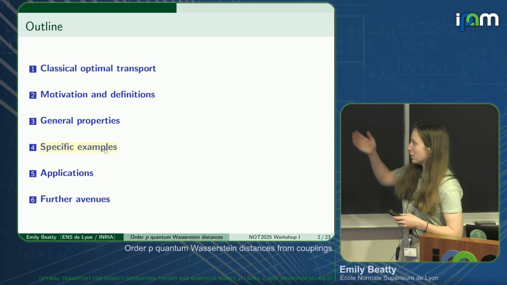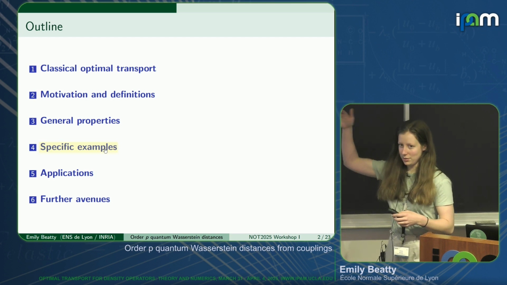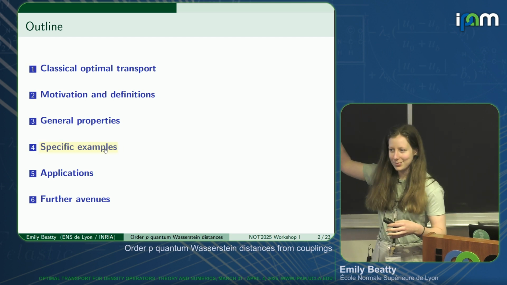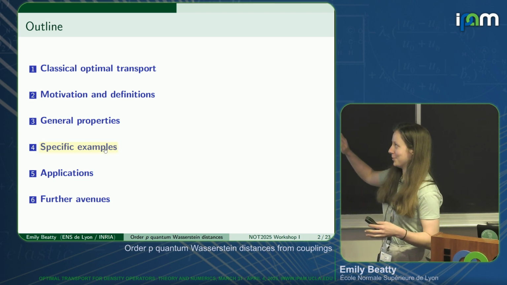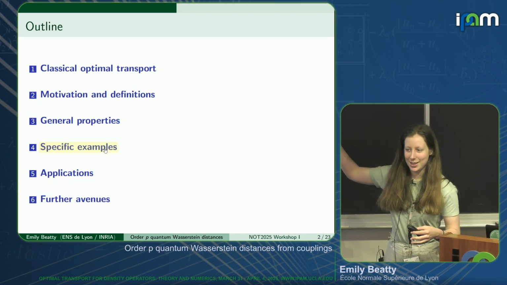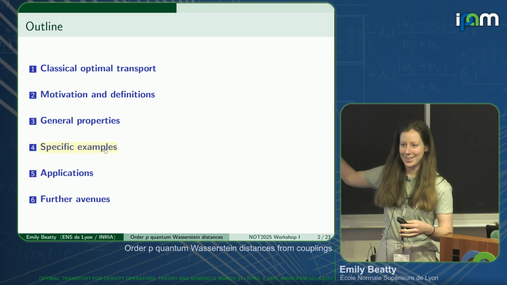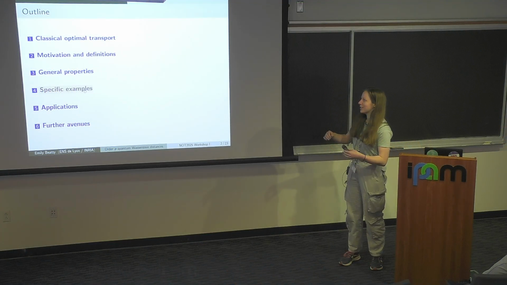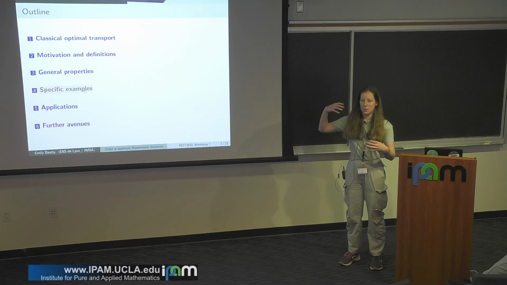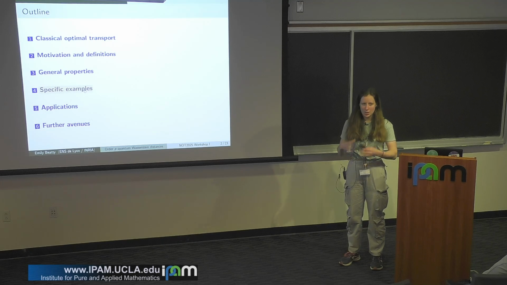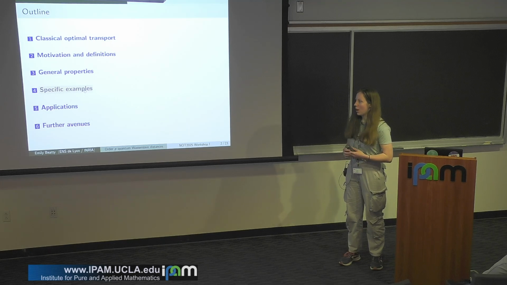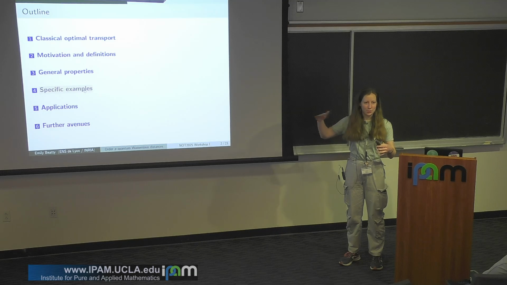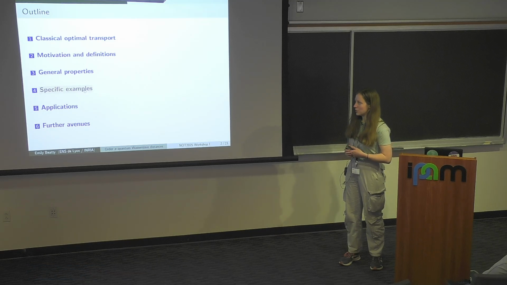As a rough outline of the talk, I'll give you a little bit of an introduction to the classical setting. Obviously, those of you who've been here for longer than just this week will have heard this about 10 times, so bear with me. I'll try and emphasize the parts that are most relevant to this context. And then I'll tell you what motivated this novel definition, the key properties that we're trying to reproduce, and give you the definition of the distance we've introduced.